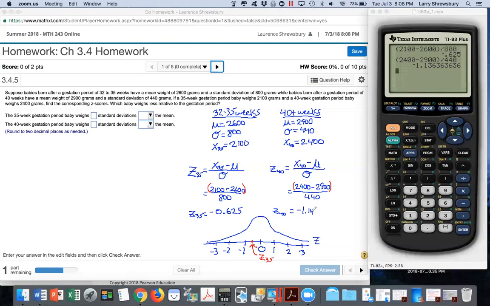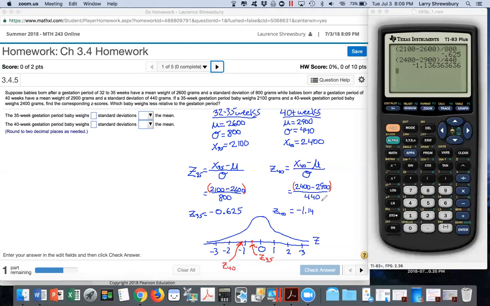But what about this one? It's over 1 standard deviation below, so that's 1.14. So it's maybe about there, just eyeballing it. So that right there is where the z-score is for the one from 40.